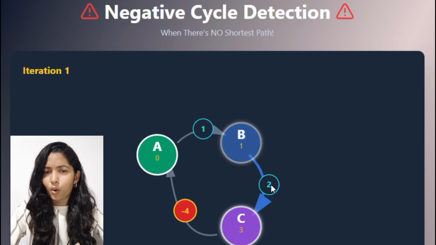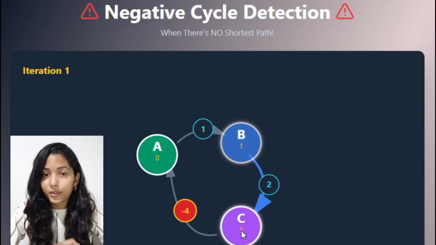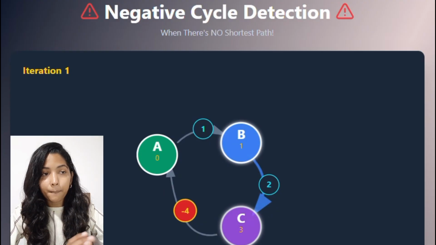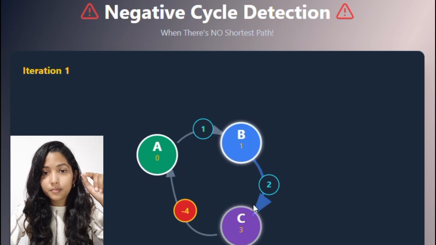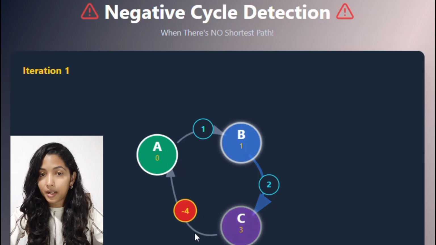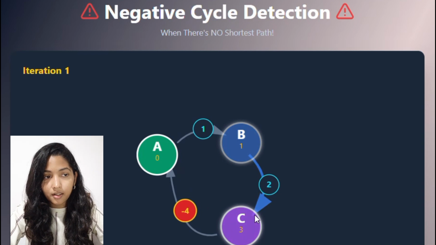It is still normal. Now it's C to A. This is critical. Now watch this edge carefully. C back to A with weight -4. The calculation is 3 plus -4, which is -1. So -1 is less than 0.